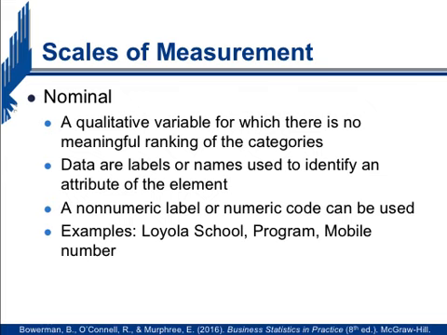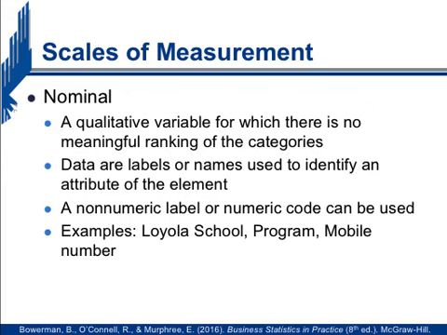Now, a mobile number is also a variable that follows the nominal scale. This is a numeric code. However, this is not considered as a quantitative variable because it's not measuring any quantity. It's only used to make a distinction, or to make an identification for a certain owner of that number, and the use of the variable is really more of a qualitative variable.